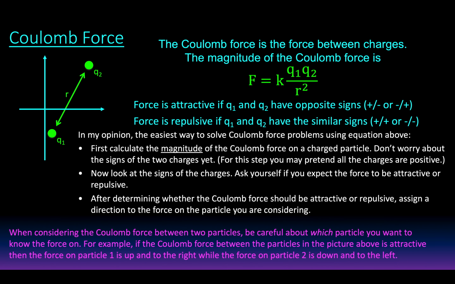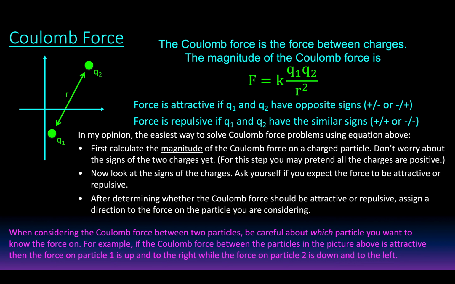Now, when I consider the Coulomb force between two particles, be careful about which particle you want to know the force on. By that, I mean, let's suppose these particles have opposite signs. So particle 1 and particle 2, one of them will be a positive charge, the other will have a negative charge. Because the charges are opposite in sign, that tells me the force between them should be attractive.